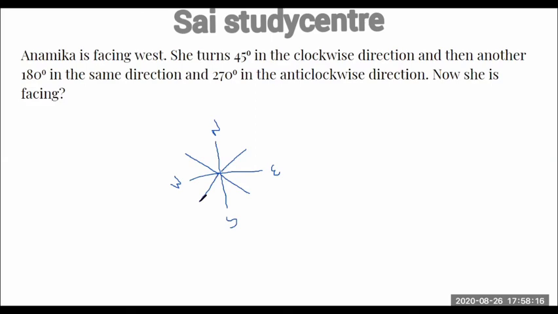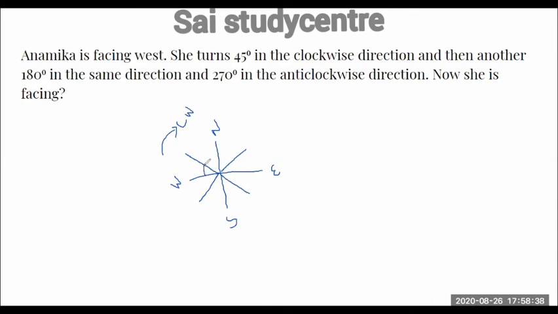This person is standing in the position of facing west. So she is here. From this, she is moving 45 degrees. We know that she started to move 45 degrees in the clockwise direction. So this is the clockwise direction for her. So she has moved 45 degrees here.